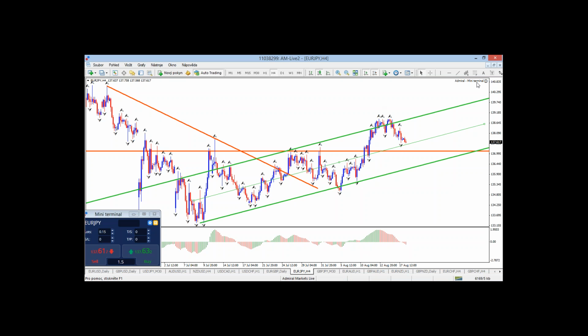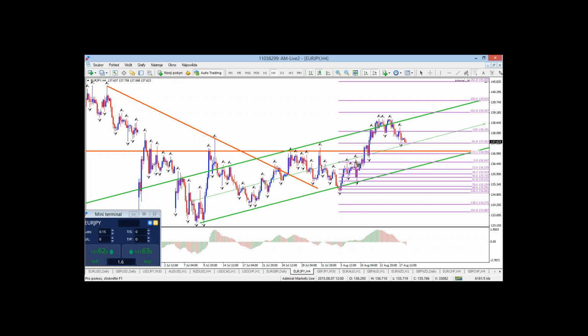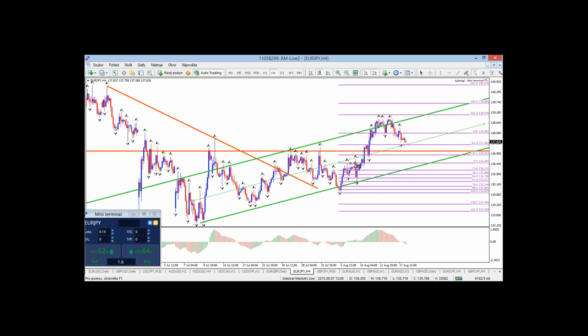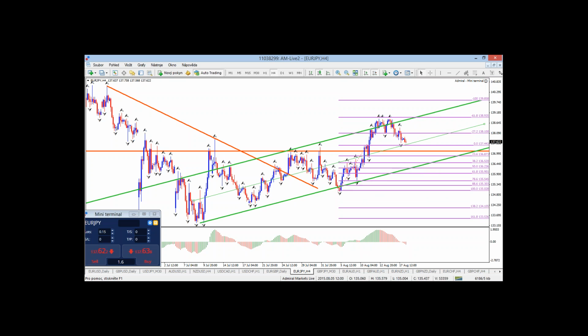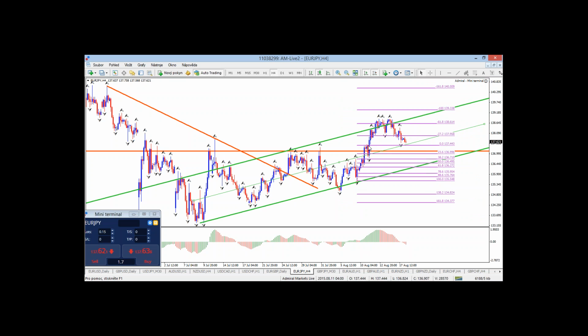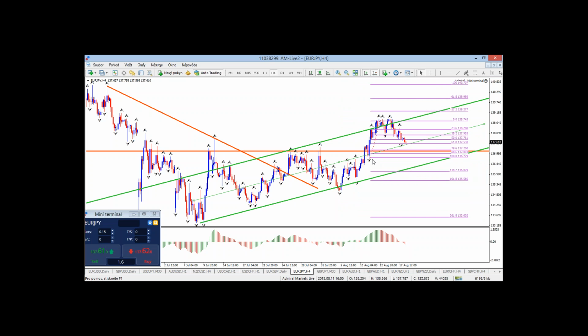We can use fibs as well. Probably the most recent bottom we could consider. Either this bottom or this bottom. Let me use this bottom.